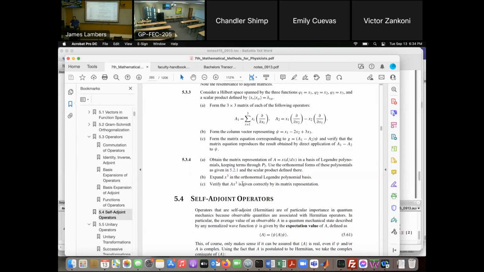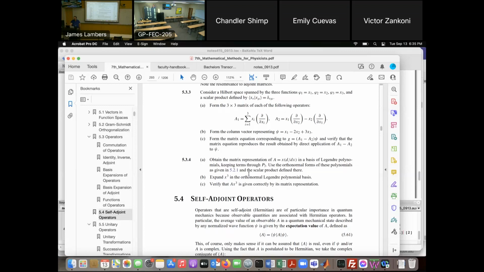That's part B. Part C, you compute A x cubed directly, then figure out its coefficients in the Legendre basis, again, by taking scalar products, although what you did in part B will help considerably with part C. So you have a vector of coefficients for x cubed, and a vector of coefficients for A x cubed by scalar product of the Legendre polynomials.